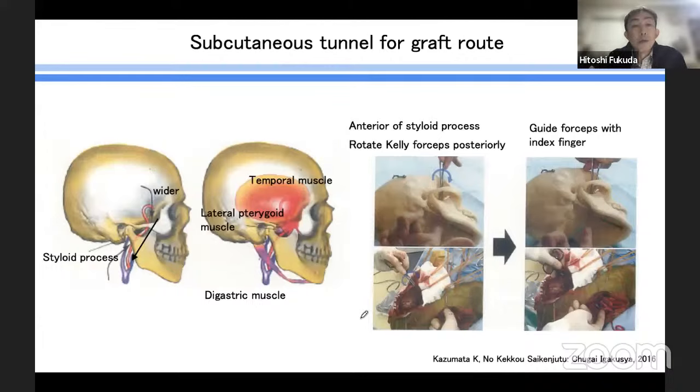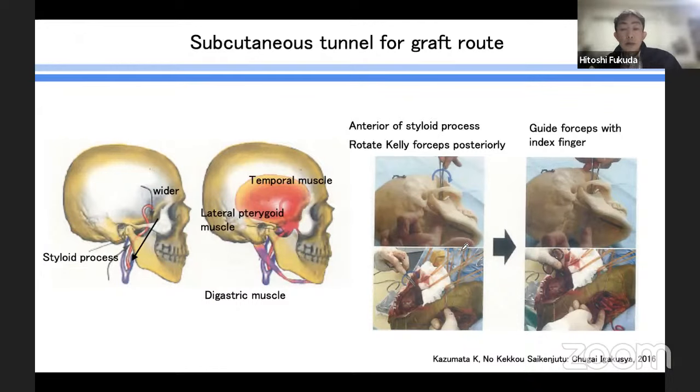Next, I'll move to subcutaneous tunnel for graft route. Basically, this graft goes by the submandibular and subzygomatic route from cervical to cranial portion. At the cervical portion, this graft goes above the digastric muscle, and then at the cranial portion, this graft goes between temporal muscle and lateral pterygoid muscle.